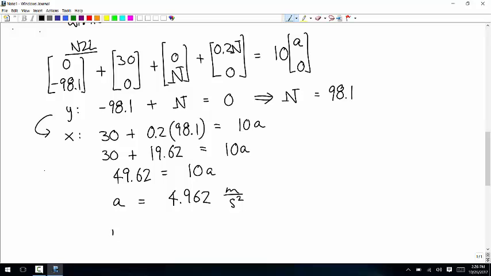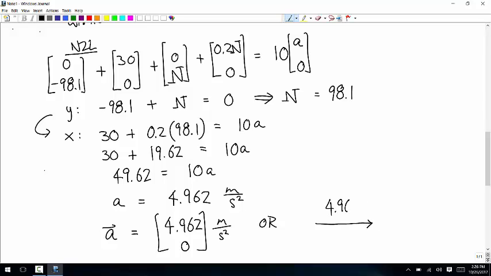So in this case, the acceleration vector is equal to 4.962, in the positive x direction, so you could also think of it as the acceleration is like this with a magnitude of 4.962.